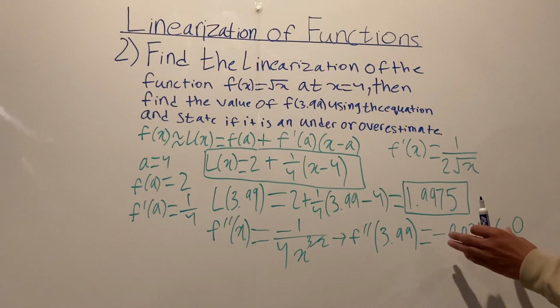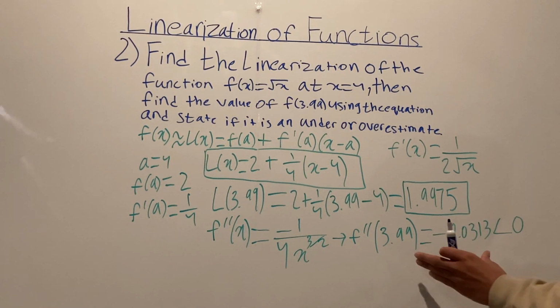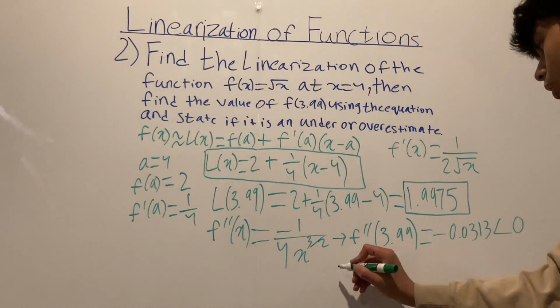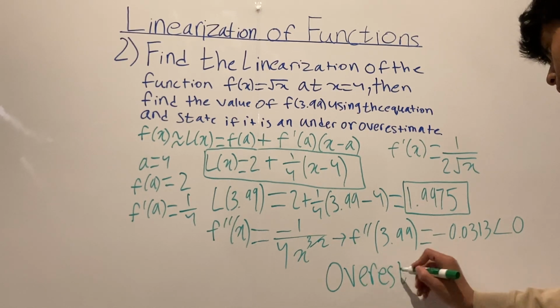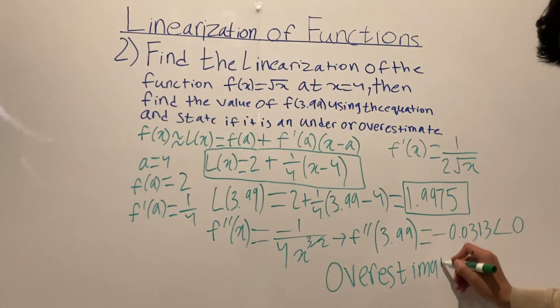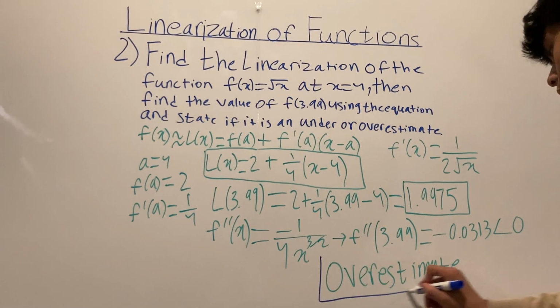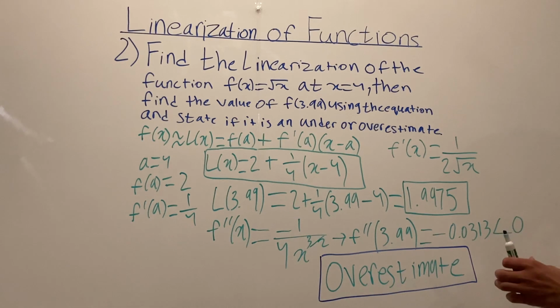Now, we see that this value is less than 0. If the value of the second derivative at a is less than 0, then we can say this is an overestimate. And it also goes vice versa. If the value of the second derivative at a is greater than 0, then it's going to be an underestimate.